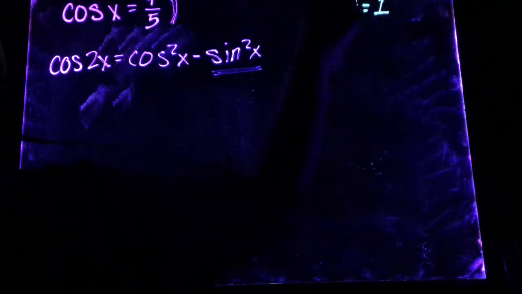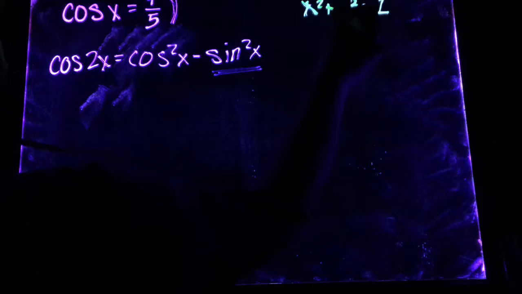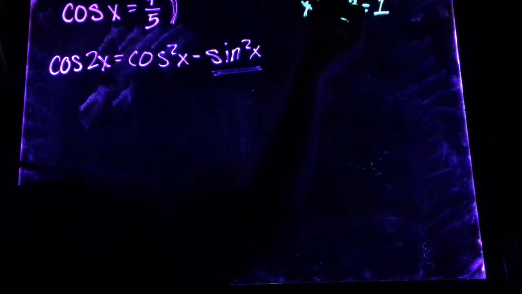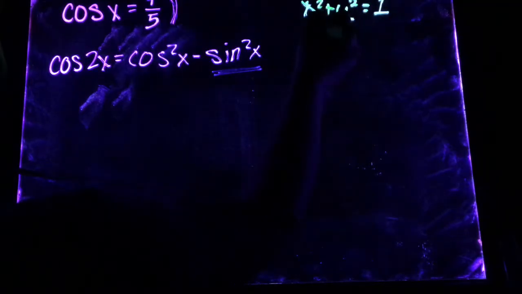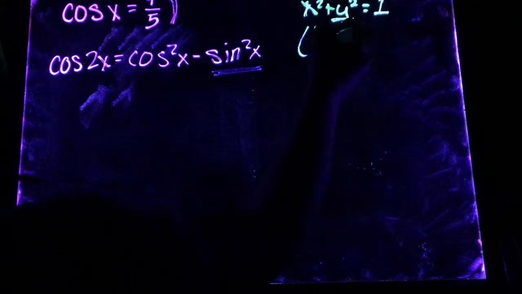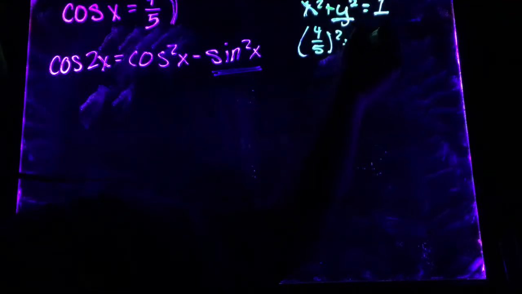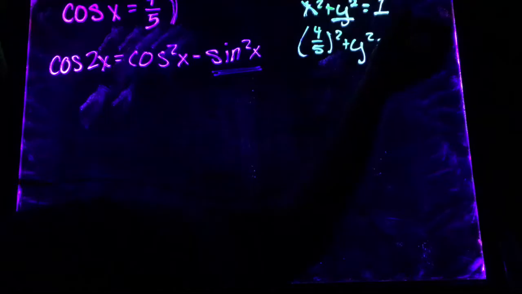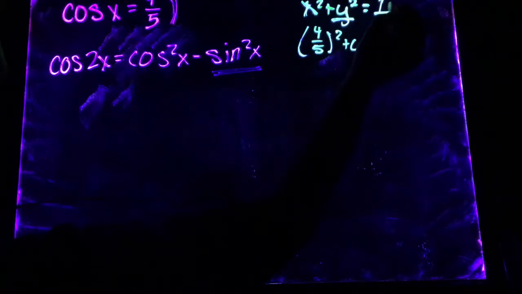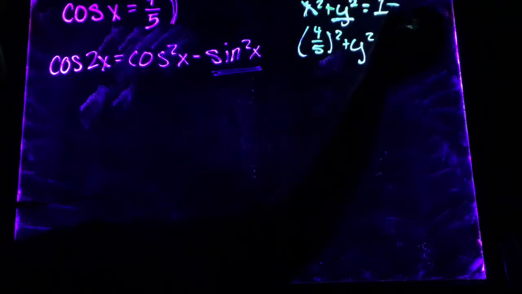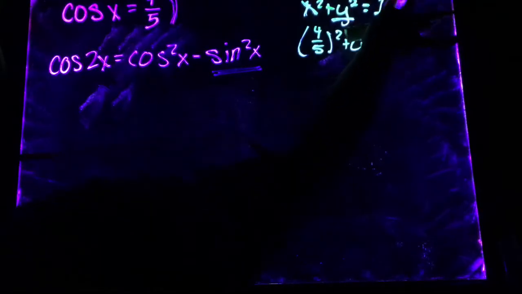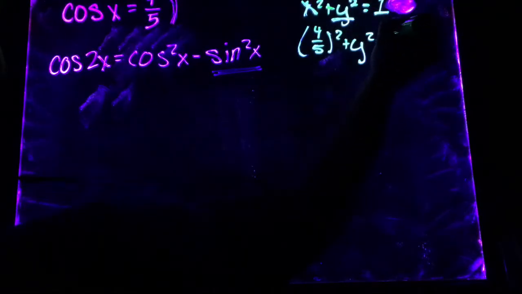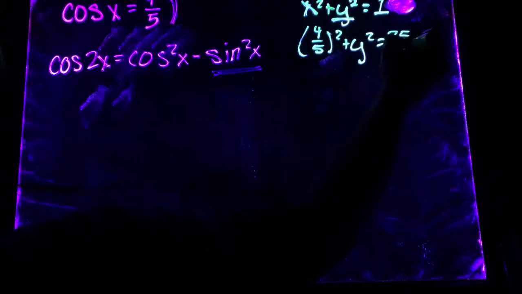Last time we were solving for x squared, but now we're going to be solving for y squared. So you have your x, which is 4/5, and you have 4/5 squared plus y squared equals, I'm just going to change this now. So this 1 turns into 25 over 25 because that's the equivalent of 1 in fraction form.